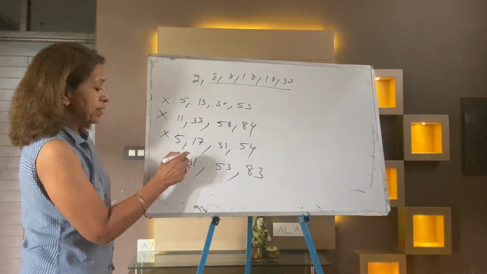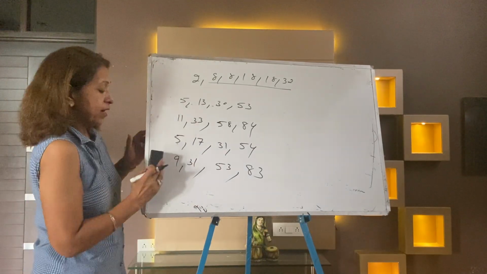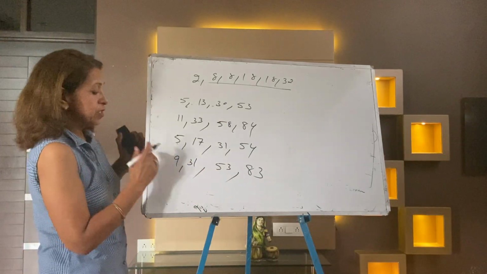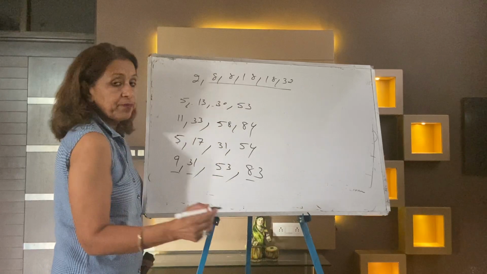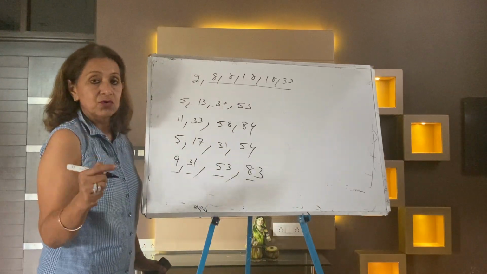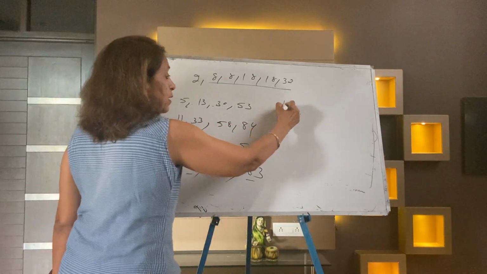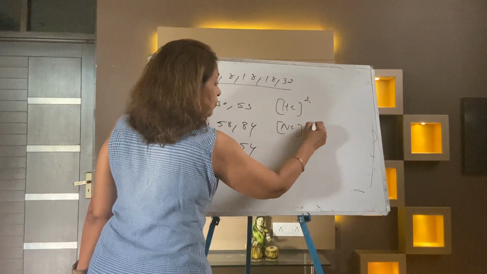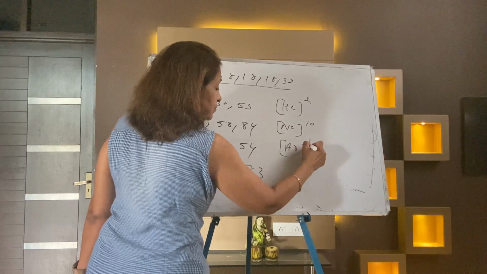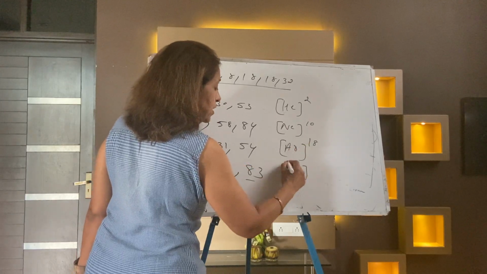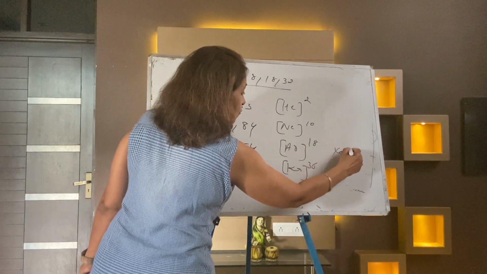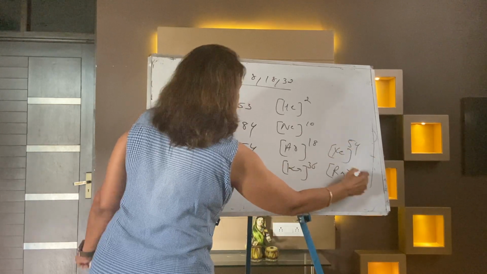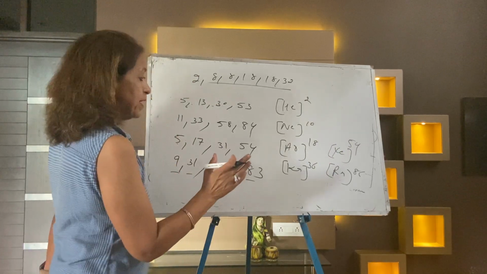I'm taking these elements, now you can take 9, 31, 53, 83. What you will check is the noble gases. You will identify them like this: helium 2, neon 10, argon 18, krypton 36, xenon 54, and radon 86. Now you may check the elements which are very near.